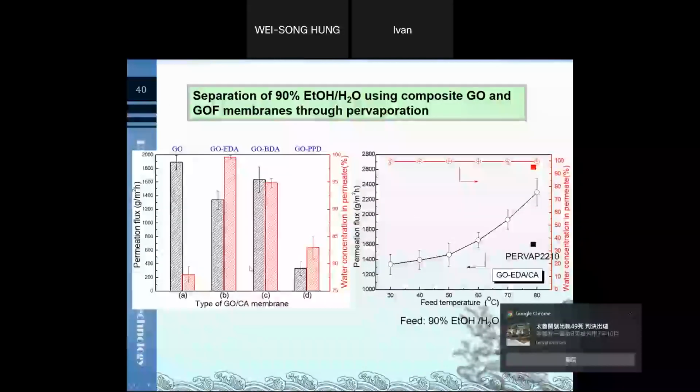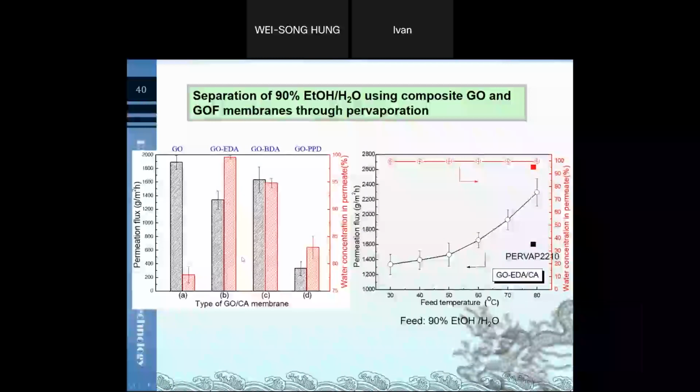Then here we discuss the performance in separating 98% ethanol in water using the graphene framework membranes. For the unmodified graphene oxide membranes, the water concentration in permeance is only 78%. For the graphene oxide framework membranes, the water concentration is higher.